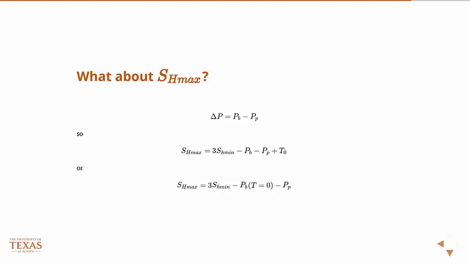Now you can tell right when the crack is initiating at the wellbore. You have the breakdown pressure. You can estimate or measure the pore pressure, and you can estimate or measure T0, measured from an experiment in the laboratory. Then you could theoretically solve for SHmax, and you have an estimate of SHmax.